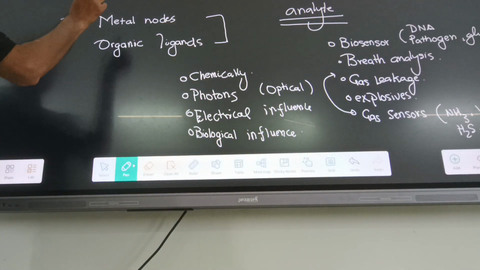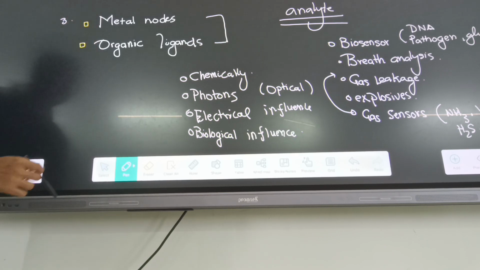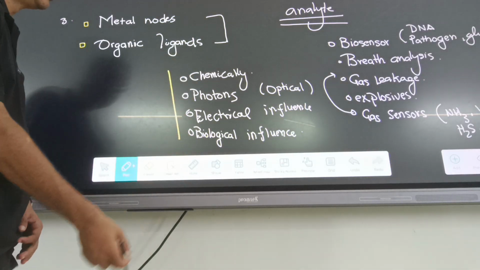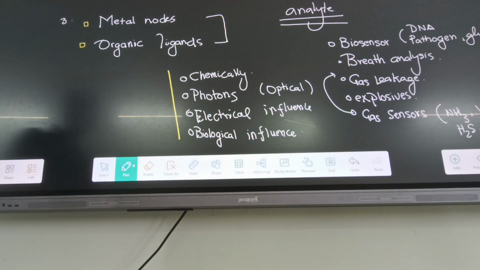the composition, the metal nodes and the organic ligands, they get affected by the following factors. They get affected chemically, they get affected by photons, optical, they get affected by electrical influence and biological influence.